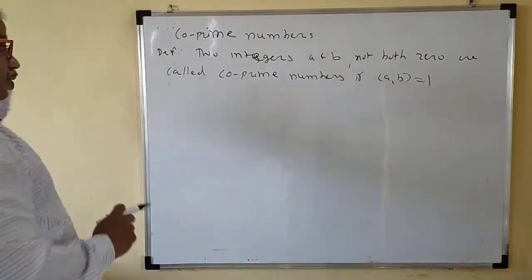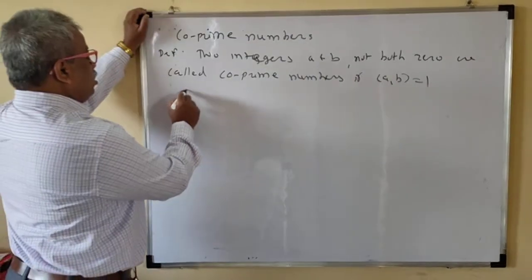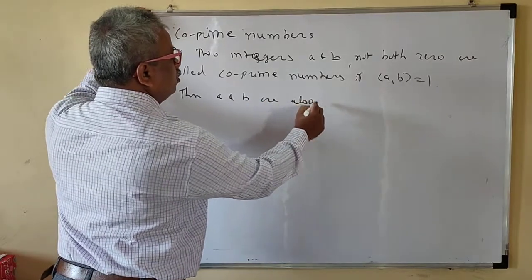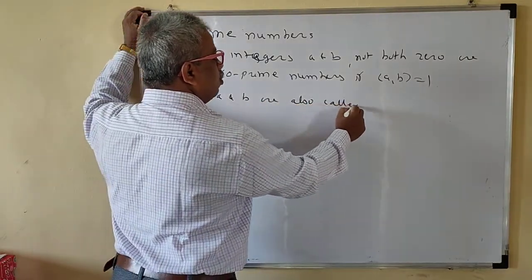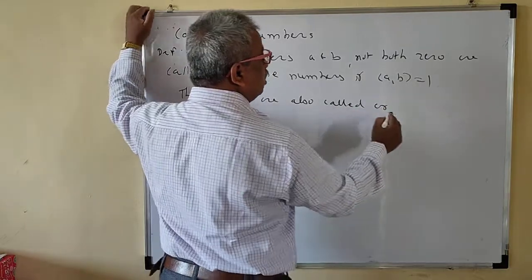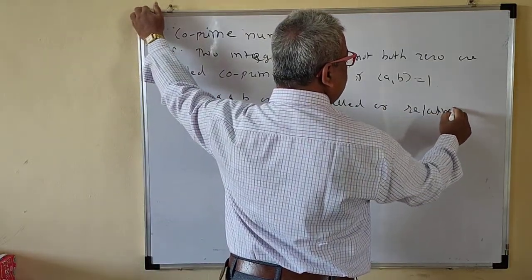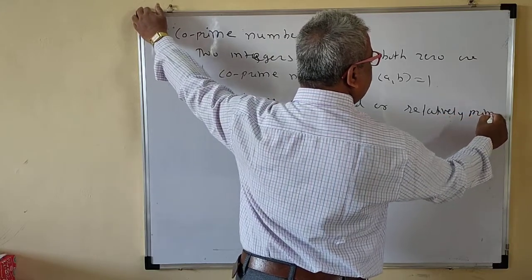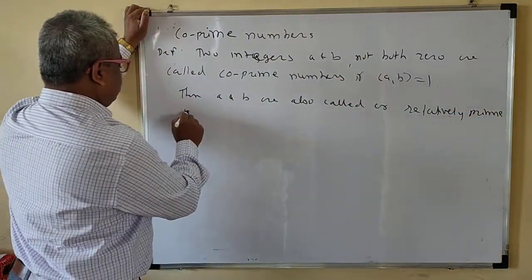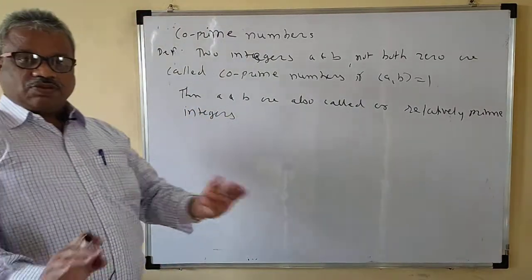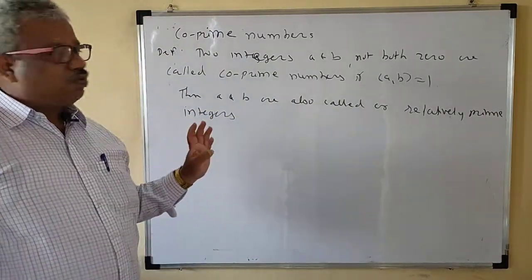Then a and b are also called relatively prime integers. That means a and b are relatively prime integers if GCD of a and b is equal to 1.